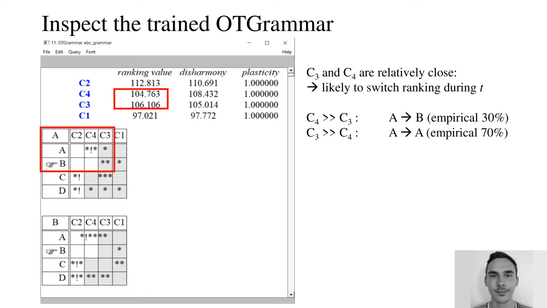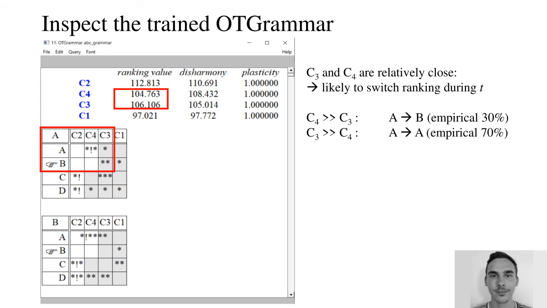If we remember our PairDistribution file, we observed B as the output candidate in only 30% of the cases, while the other 70% of times, A was the optimal output candidate. For A to be optimal, C3 would have to dominate C4, because then B would fatally violate C3 before A can violate C4.